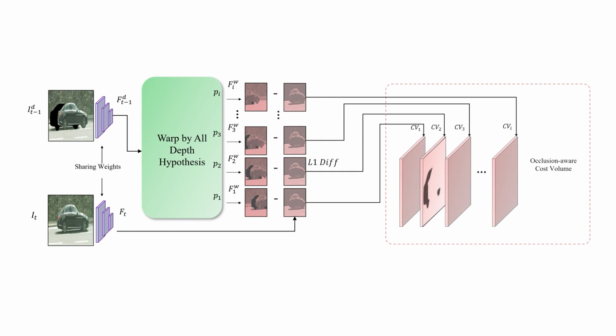The L1 differences with the current feature are used to construct the cost volume. Based on an observation that the black occlusion area in the cost volume is usually different between layers, we propose to replace these occlusions with nearby non-occluded areas' cost values. This preserves the global cost distribution and leads the training gradients to flow to non-occluded areas.